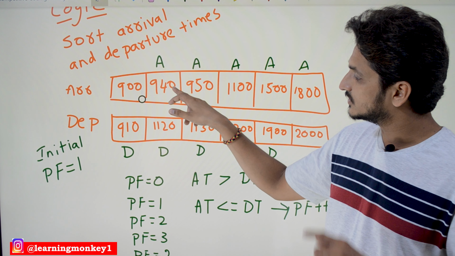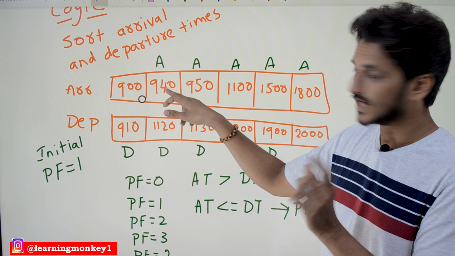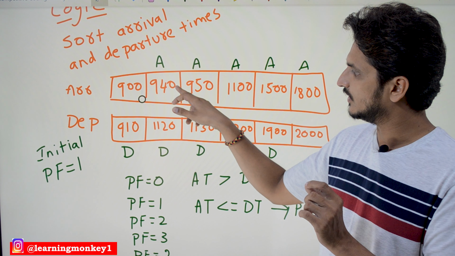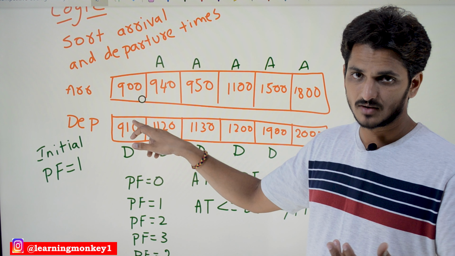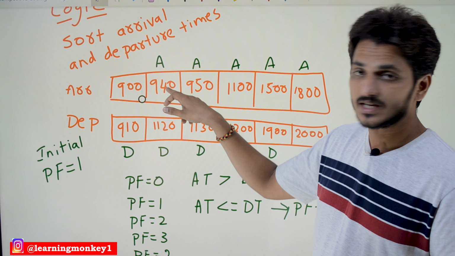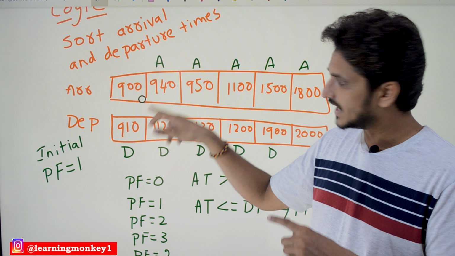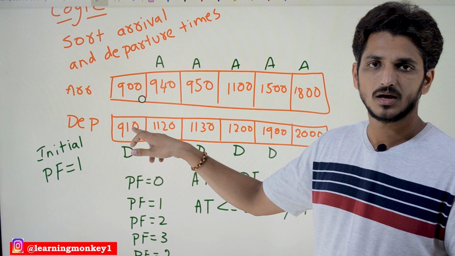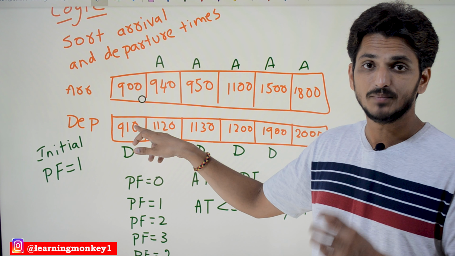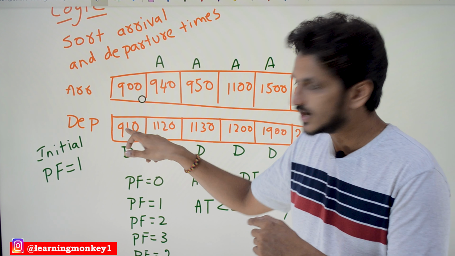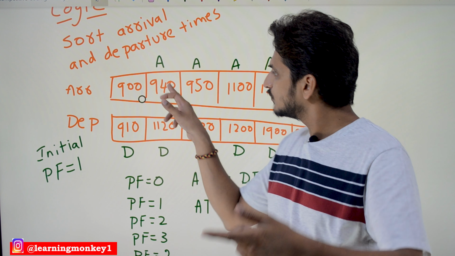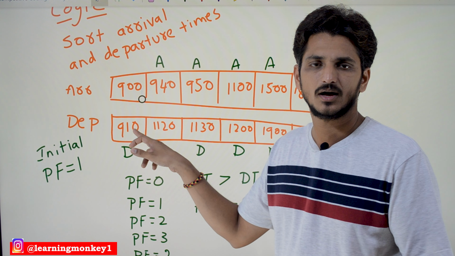So arrival starts from here, departure starts from here. The second train is going to arrive at 9:40, and the first train to depart from the railway station departs at 9:10. If the arrival time is greater than the departure time, what's the meaning of that? By the time this train arrives, the other train has already left, so we can use this platform.